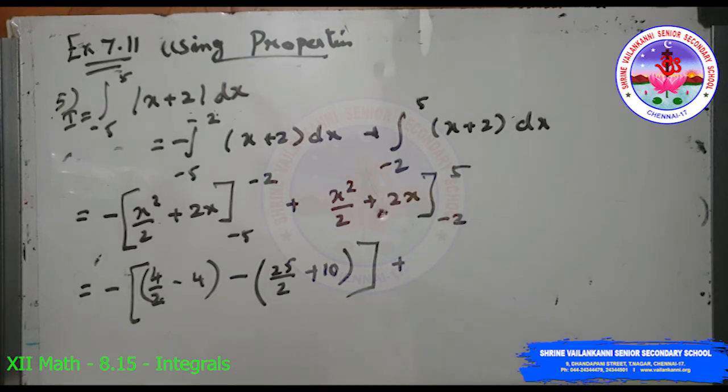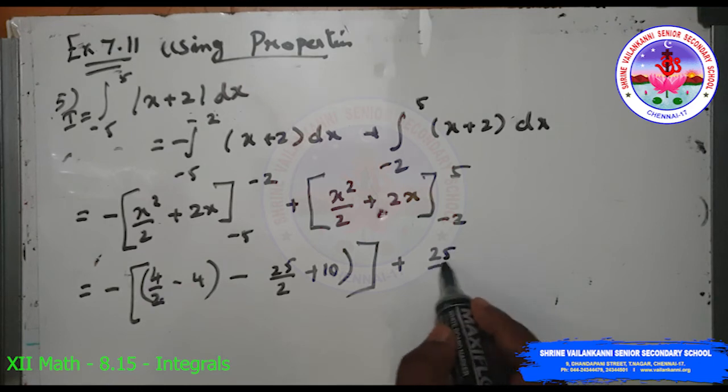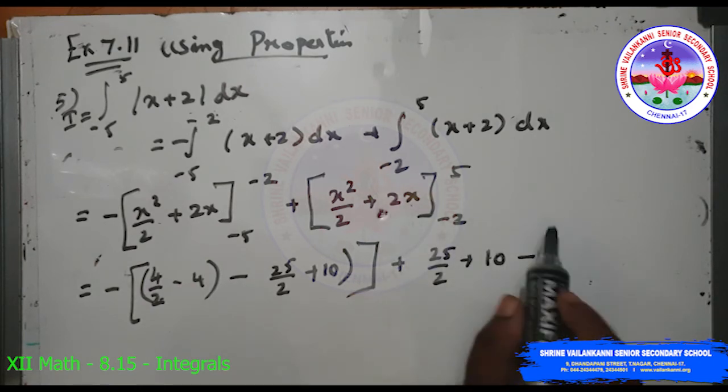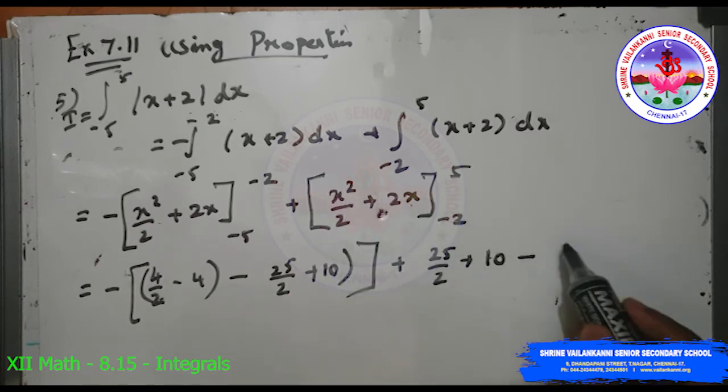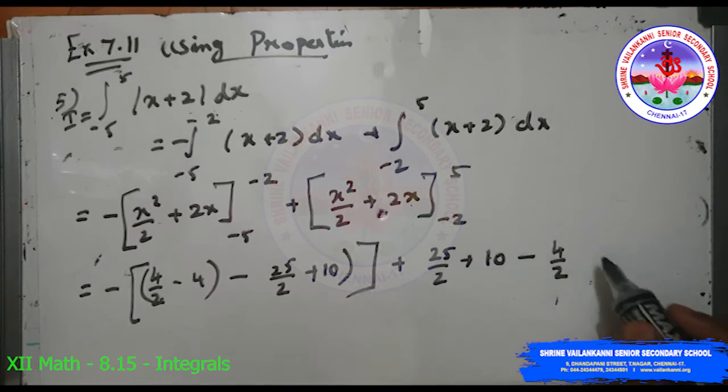Plus, so upper limit, 25 by 2 plus 2 into 5, 10, minus lower limit, so minus 2 whole square, that is 4 by 2, so 2 into minus 2, so minus into minus plus 4.